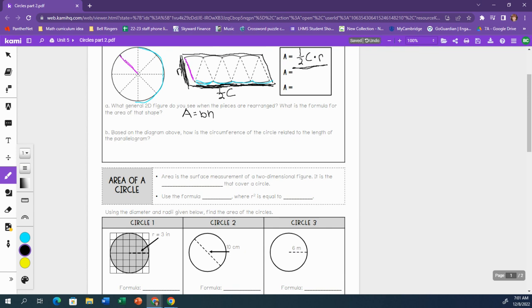Now, knowing that it's 1/2 of circumference times radius, well, what if we don't know the circumference? What if we haven't figured out the circumference? Well, you're going to remember circumference is 2 pi r. Remember that? 2 pi r is the circumference, but then we're going to times it by r.